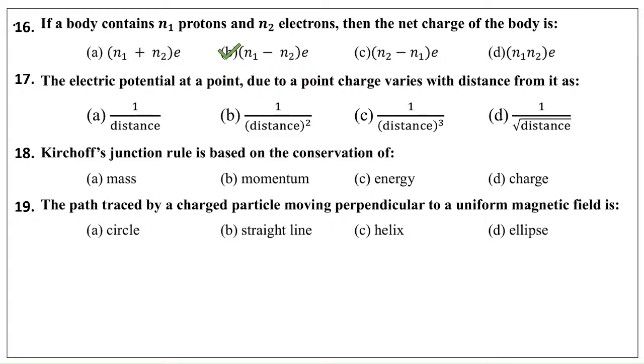The electric potential at a point, due to a point charge, varies with distance from it as. Answer A. 1 by distance. Next. 18. Kirchhoff's junction rule is based on the conservation of. Answer D. Charge.